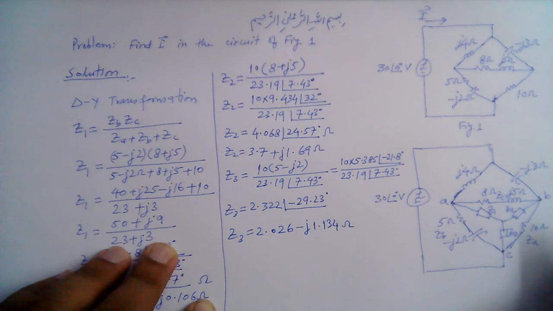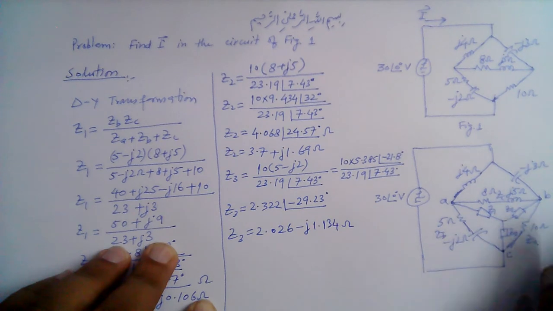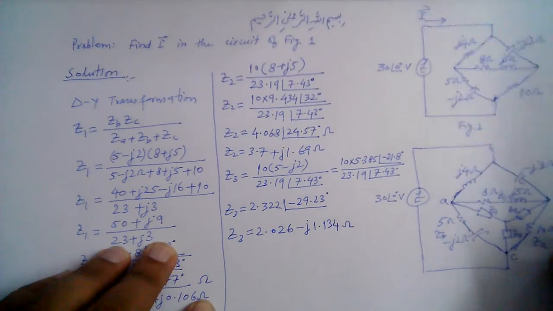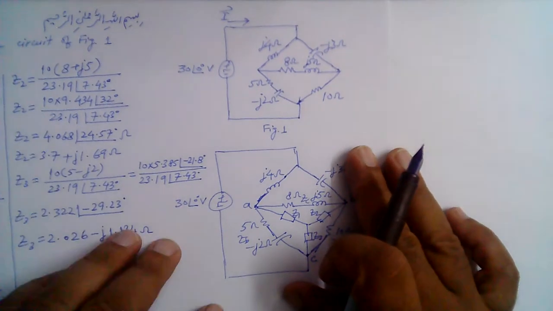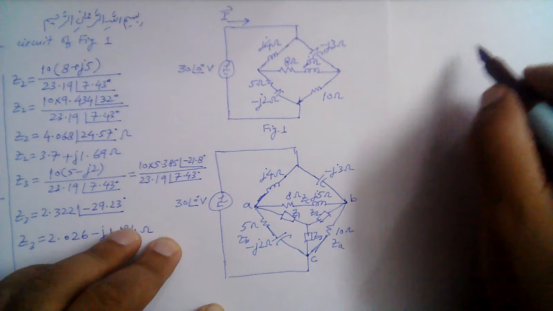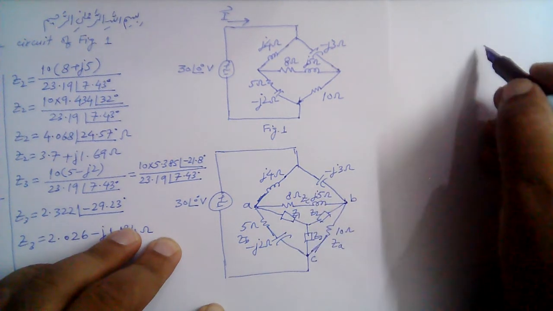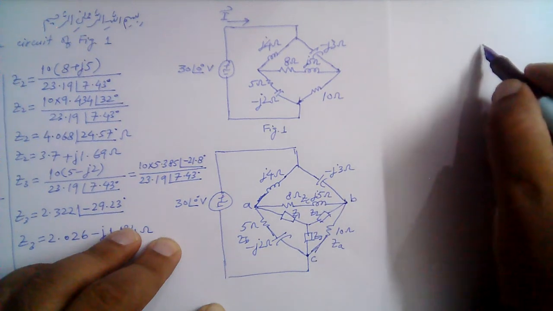So let's now redraw this diagram without the lower delta combination and using the equivalent Y combination. Let me draw it here. So we have the upper two branches remaining the same.